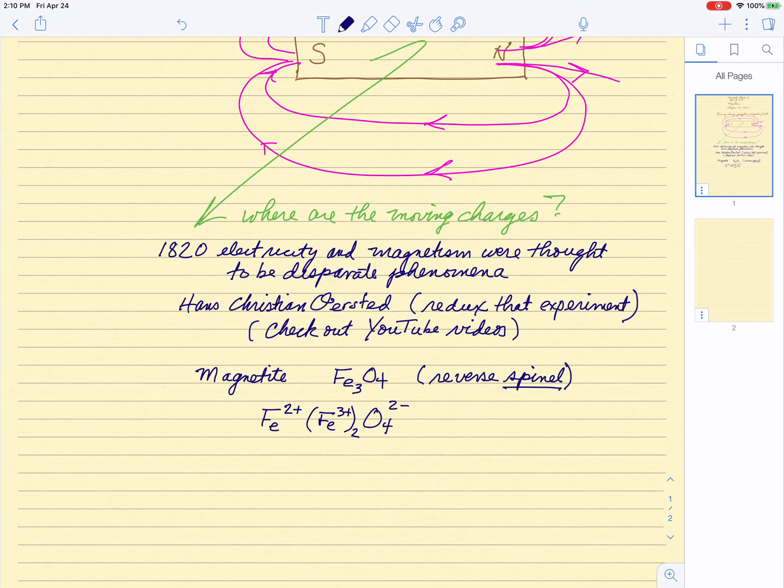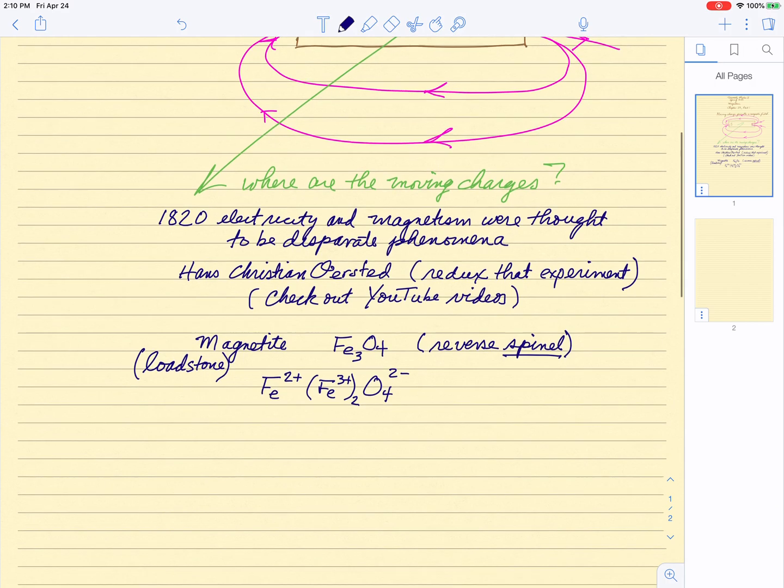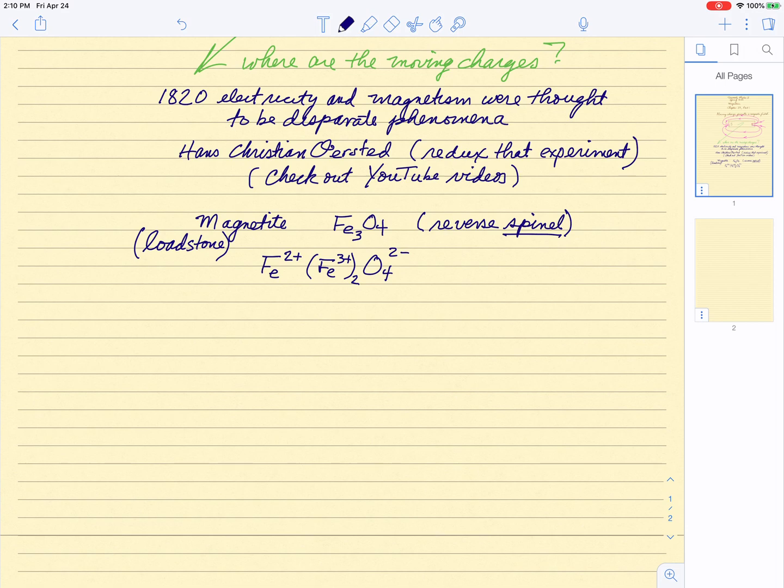So magnetite, or what is in the historical record called a lodestone, was among the first magnetic materials discovered. And so let's take a look at this, right? Most of you know a bit of chemistry.